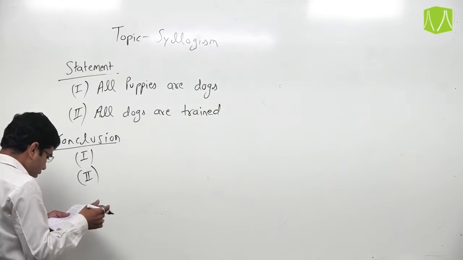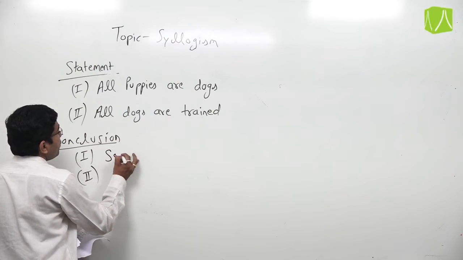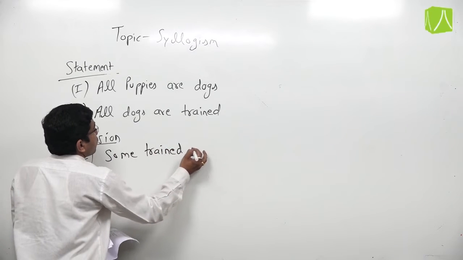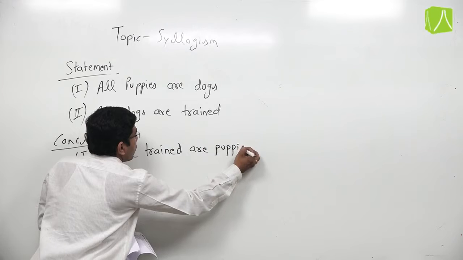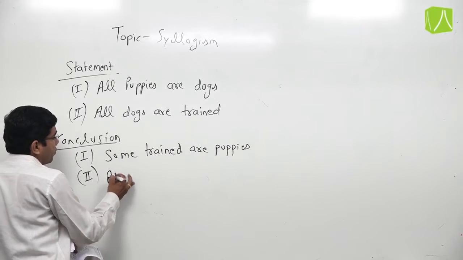Now with the help of this statement we have to conclude. First conclusion, some trained are puppies. Second, all trained are puppies.